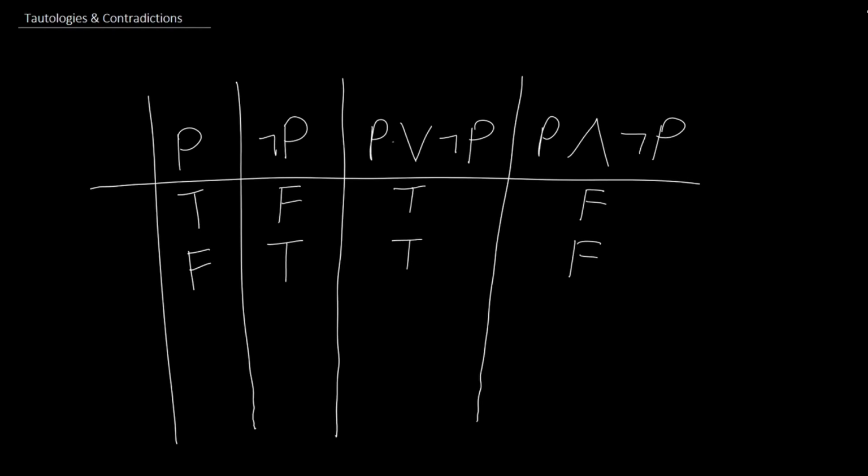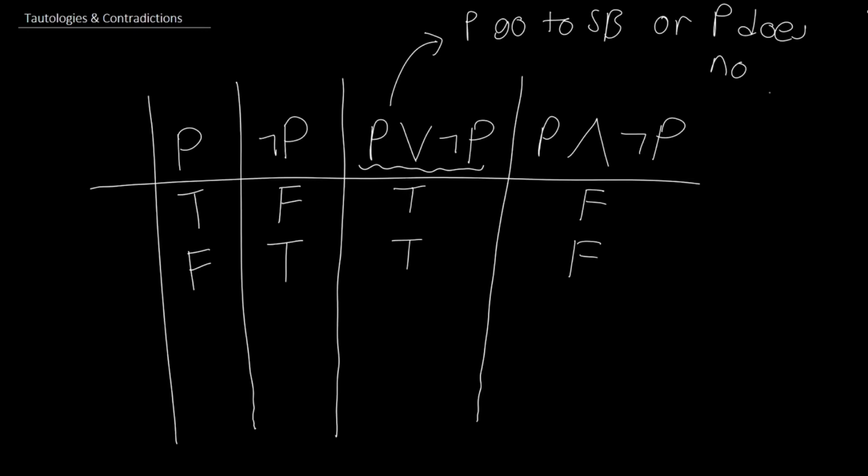So we give P a meaning. Let's use the same example from a previous video. We're going to say P is Peter goes to Starbucks. So how do we convert this into the English language? P goes to Starbucks, or P does not go to Starbucks.